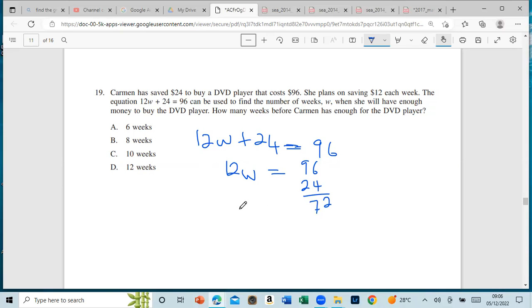So 12x equals 72. 12 into 72 is going to give us 6. So it will be 6 weeks.